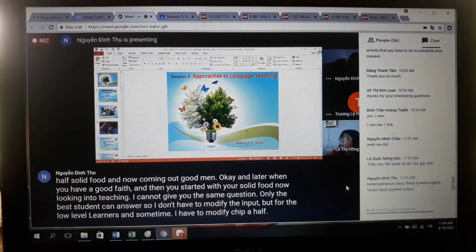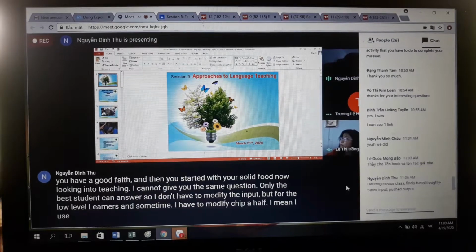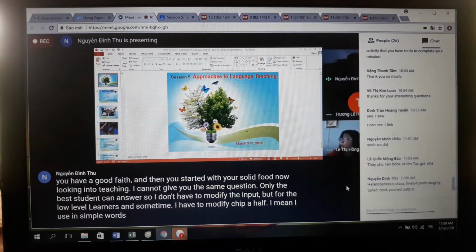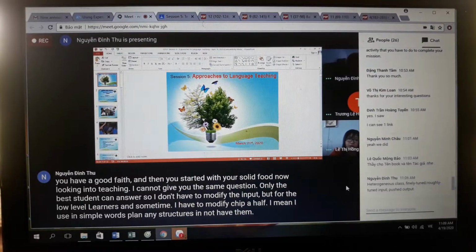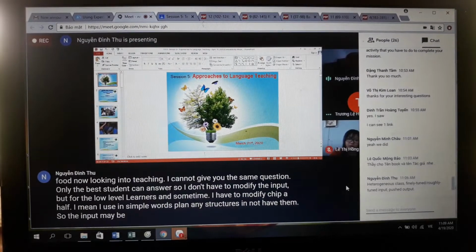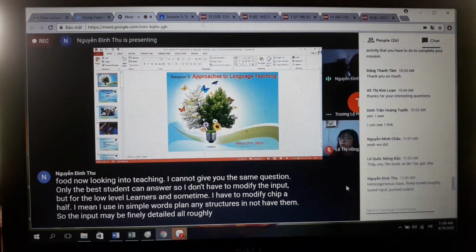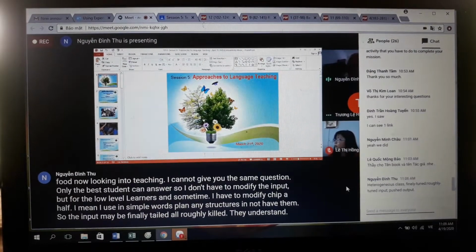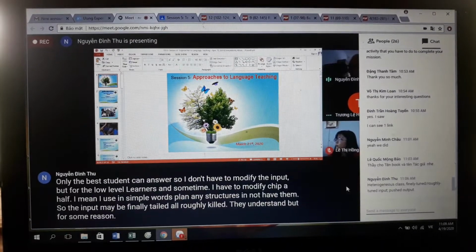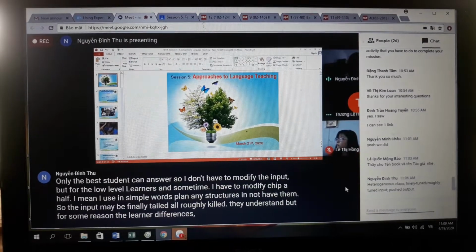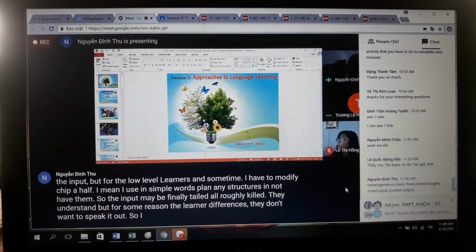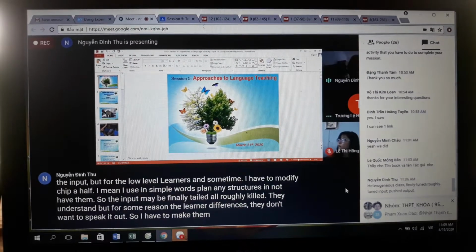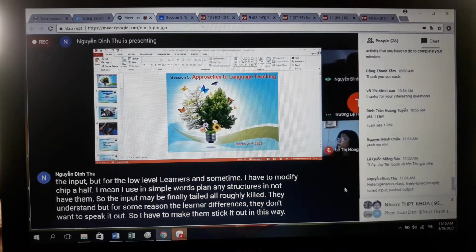I mean, I use simple words and plain instructions in order to help them. So the input may be finely detailed or roughly detailed. They understand, but for some reason, the learner differences, they don't want to speak it out. So I have to make them speak it out. In this way, we have a push output.